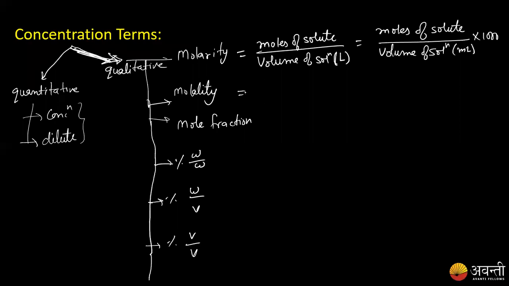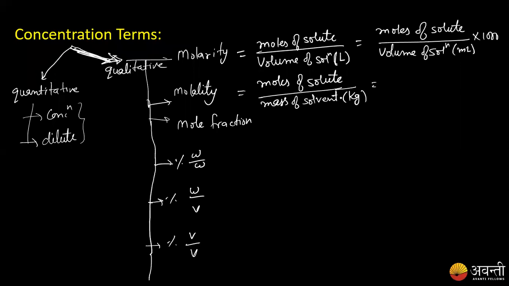Whereas molality is moles of solute per kg of solvent. So that is moles of solute divided by mass of solvent. Here we have volume of solution, and here we have mass of solvent, which is also in kg.